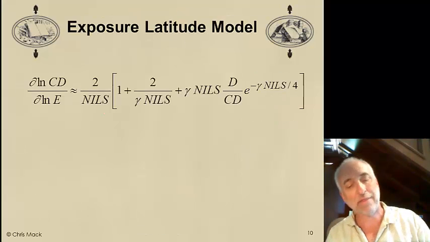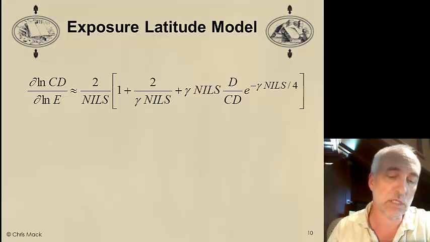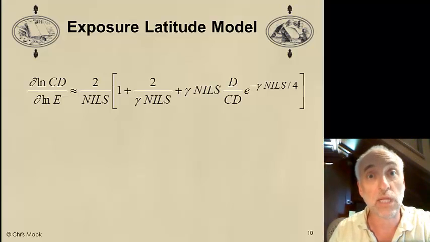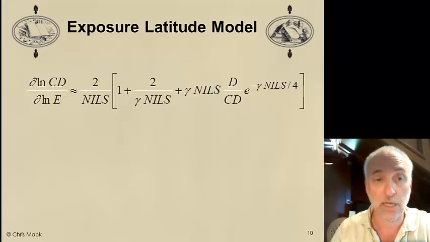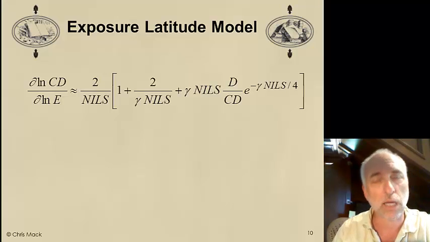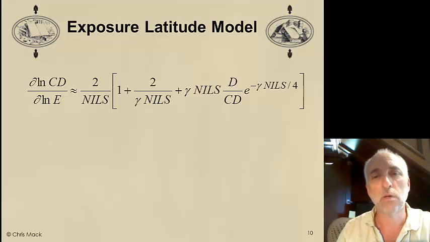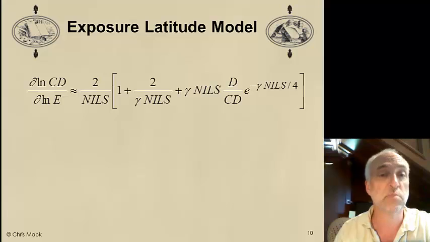Well, our previous discussion assumed an infinite contrast resist. What if we now allowed the resist to be real, have a finite contrast? Well, things get complicated, but a fairly good but still approximate model for how the image and the resist both affect our ability to control the CD is given by this equation.